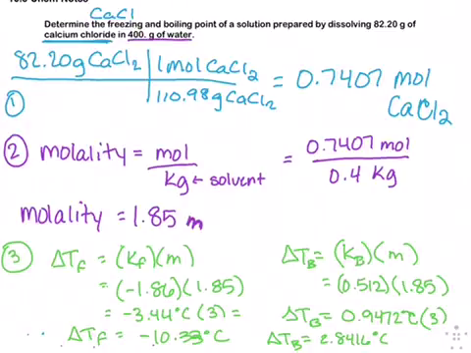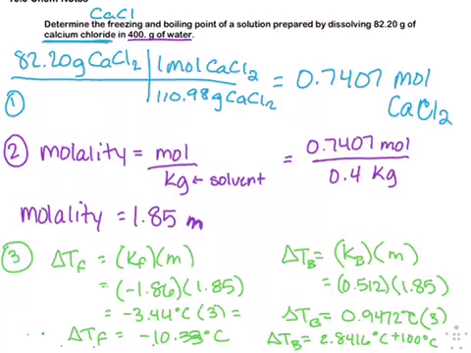But it wants the boiling point. This is the difference between the old boiling point of water and the new boiling point. We know water doesn't boil at 2 degrees Celsius. So what do we have to do? Add it to 100 degrees Celsius.